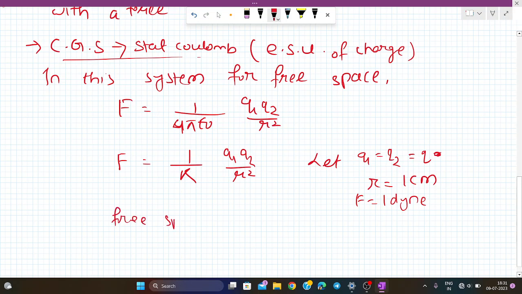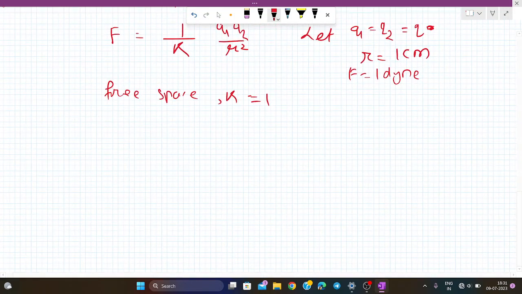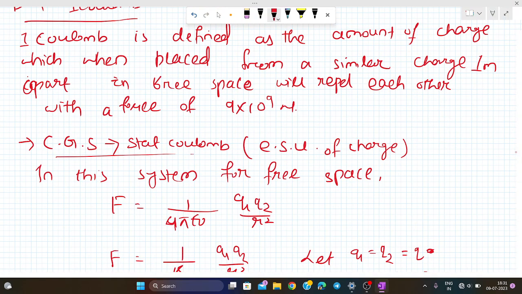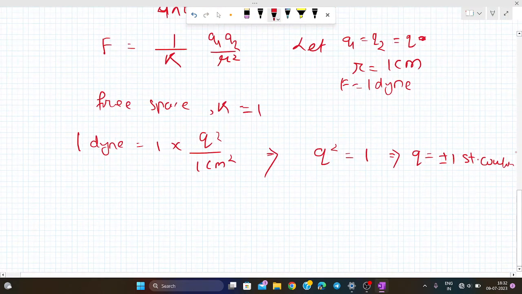For free space the value of K is 1. So what will be its equation if I keep the data in that equation? That will become 1 dyne is equal to 1 into Q square divided by 1 centimeter square. That implies Q square is equal to 1, Q is equal to plus minus 1 statcoulomb.